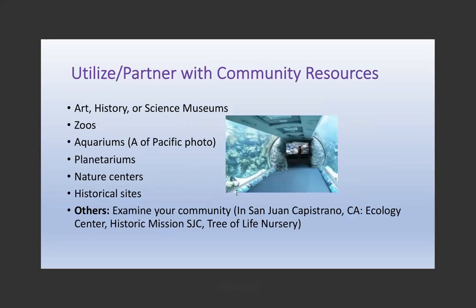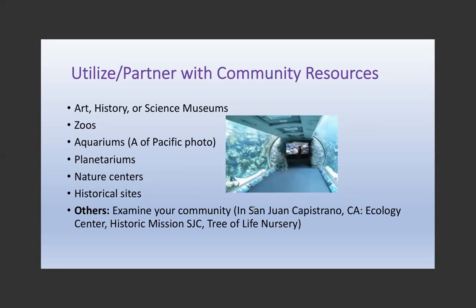Utilizing and partnering with community resources. This happens to be a photo from the Aquarium of the Pacific in Long Beach. Even if the kids can't visit, there is an array of information and resources for teachers, and students can look at this information as well. There's a lot all over the world that you can access, but also within your own community. I live in San Juan Capistrano, and there are three wonderful resources within the community, and they have a lot of information online as well.